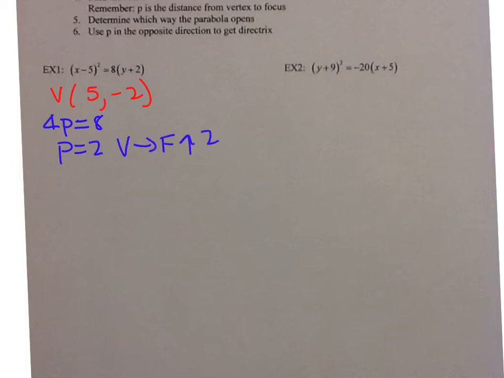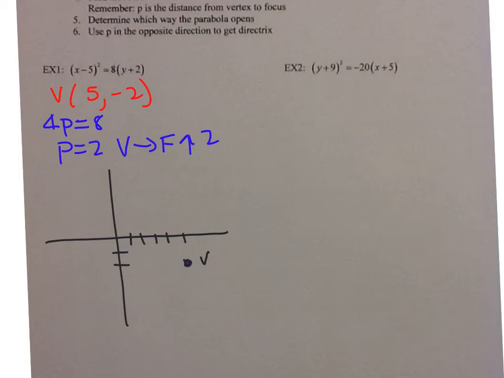All right, so now let's draw a picture. I have 5, negative 2 as my vertex. P is up 2. So remember, vertex to focus.